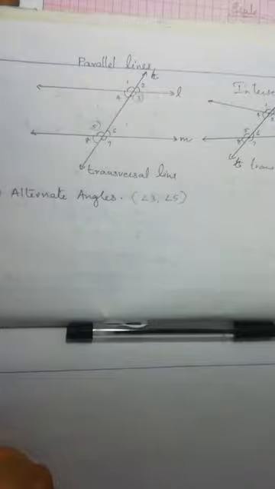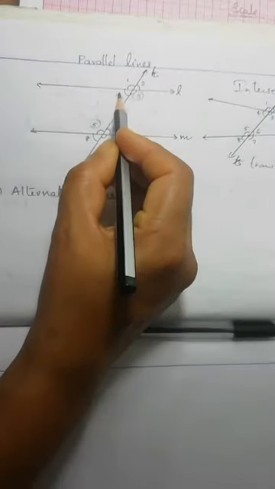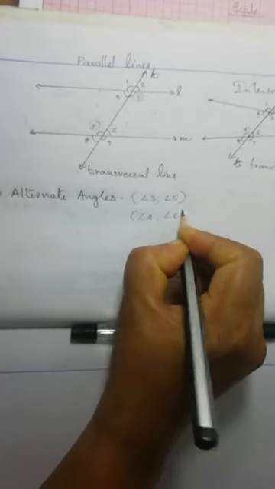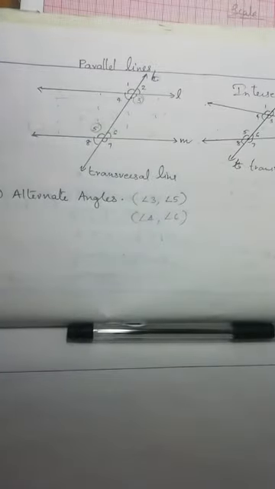And here also angle 4 and angle 6 are on the opposite side of transversal. So angles that lie between two lines and on opposite sides of the transversal are called alternate angles.